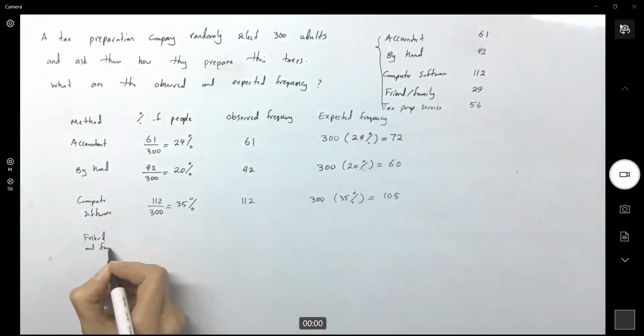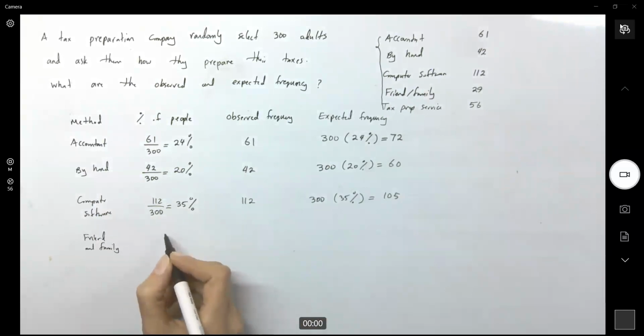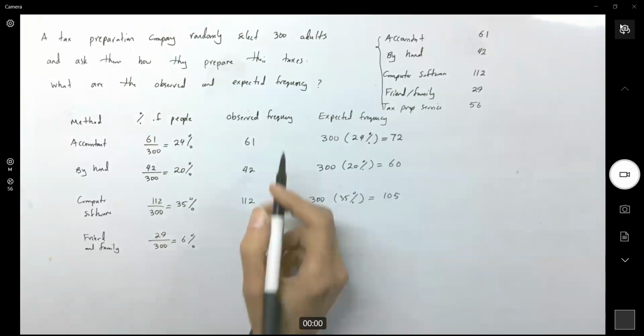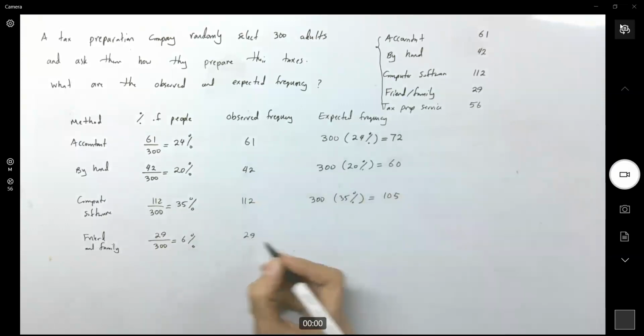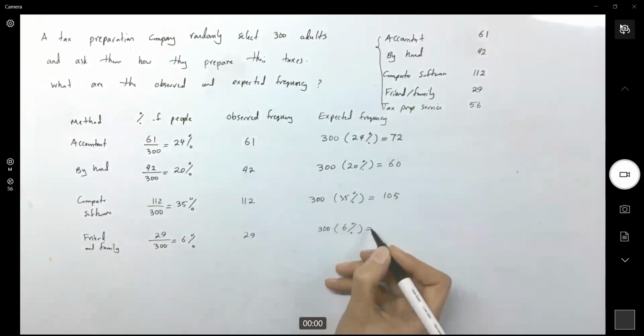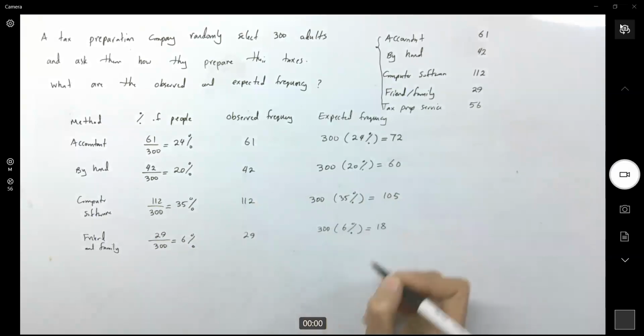Friend and family. Well, we have 29 of them. 29 divided by 300 is equal to 6%. The observed frequency, 29. And the expected frequency, 300 times 6%, which is equal to 18.